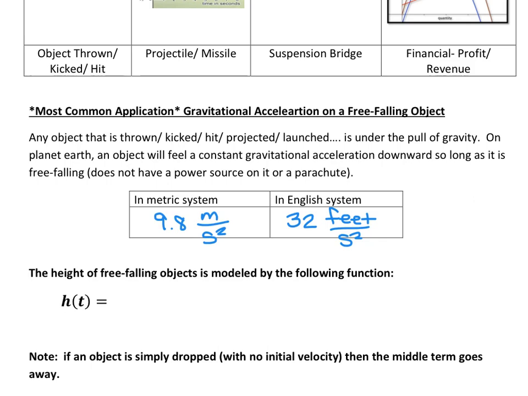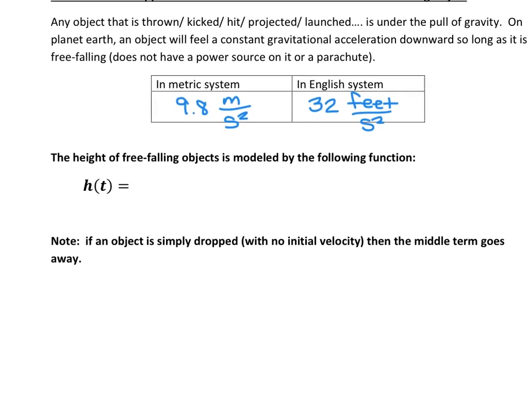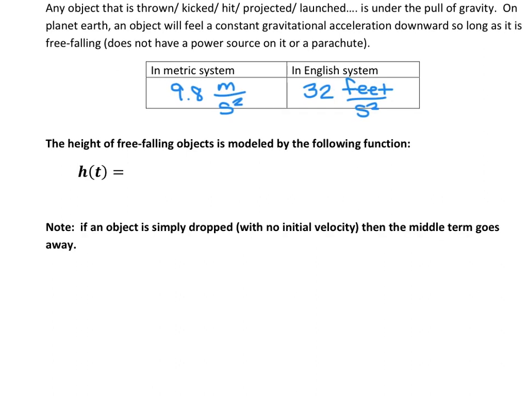So in the world of physics, when we're modeling free-falling objects, we're generally modeling the object's height with respect to time. And so generally speaking, you're going to see h of t here. So the height as a function of time is going to be our function.